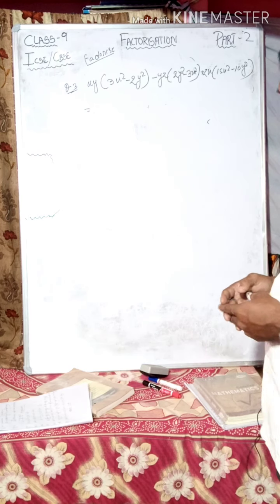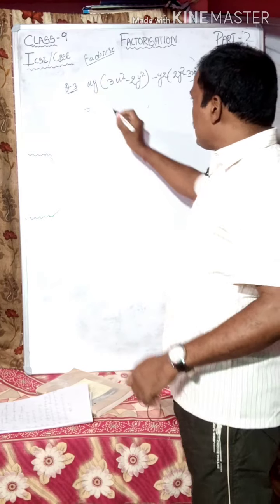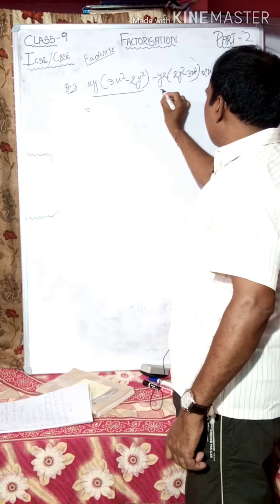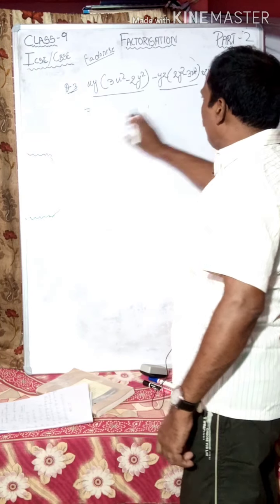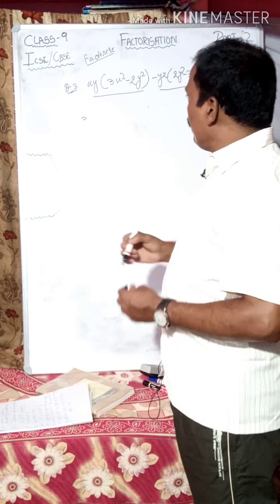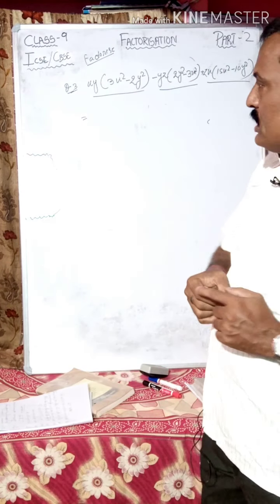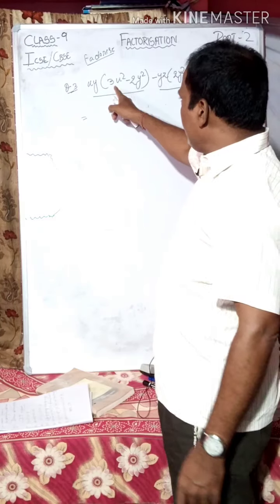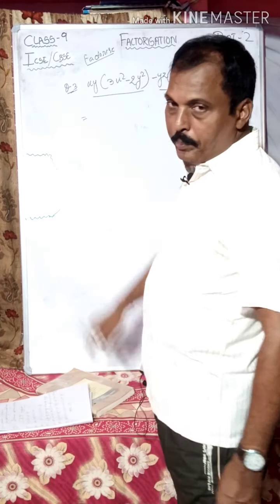Now look, this is the first term, this is the second term, this is the third term. In the first term there are 3 factors, x, y and 3x square minus 2y square.